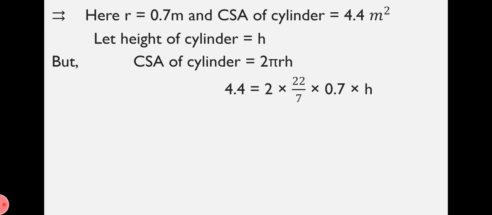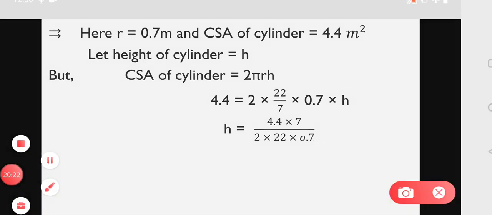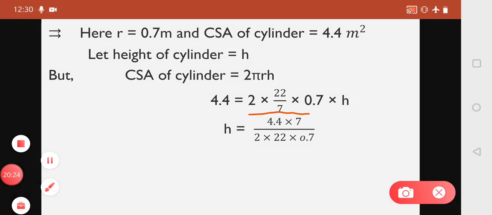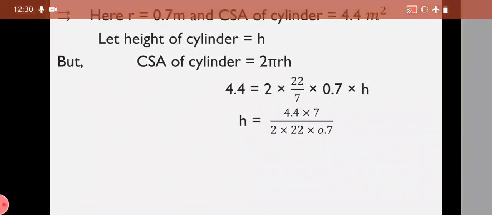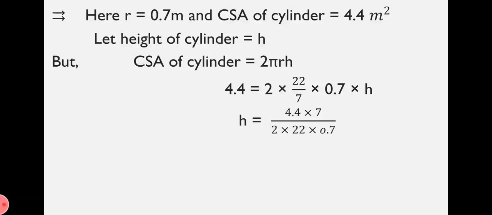We don't know the value of h, we have to find it. Further solving, we have to transpose all the right hand side numbers to the left hand side to find the value of h. So we get h equal to 4.4 into 7 upon 2 into 22 into 0.7.